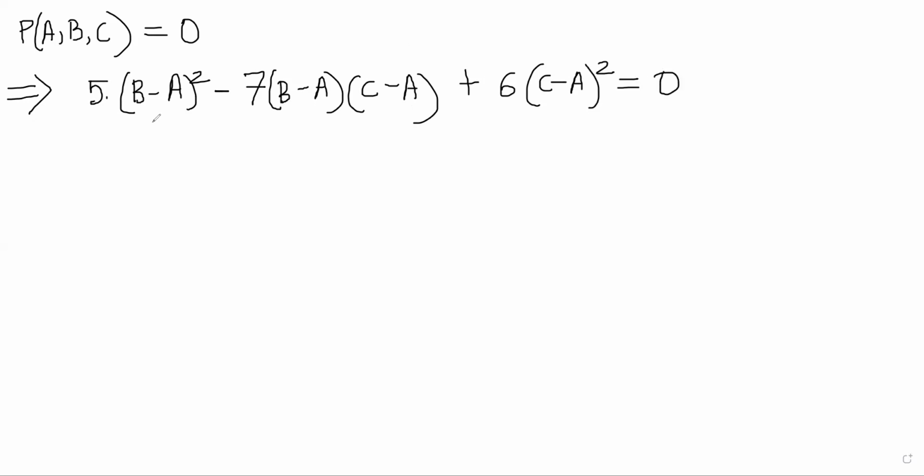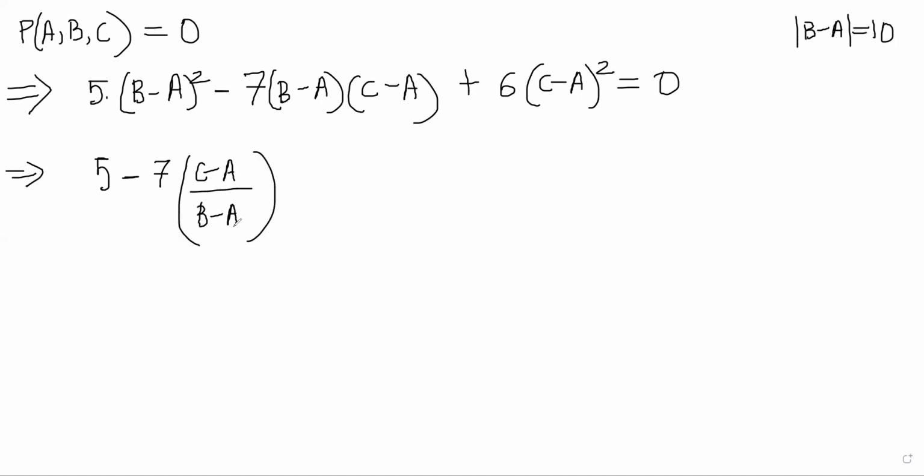So this is my condition, and I also know mod of b minus a is equal to 10. So how do I try to solve this? I can divide by (b minus a) whole squared. So I'll get 5 minus 7 times (c minus a) by (b minus a), plus 6 times ((c minus a) by (b minus a)) whole squared, equal to 0.